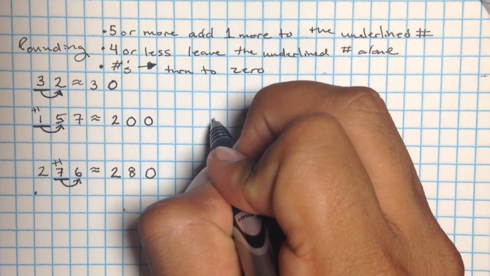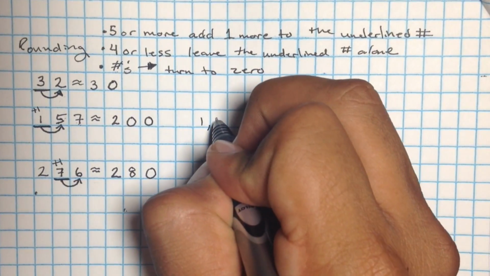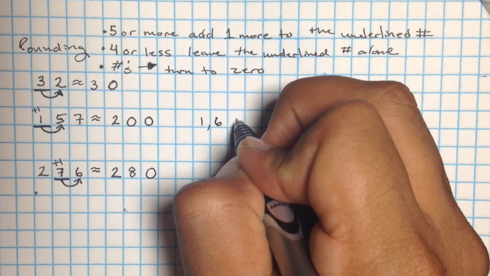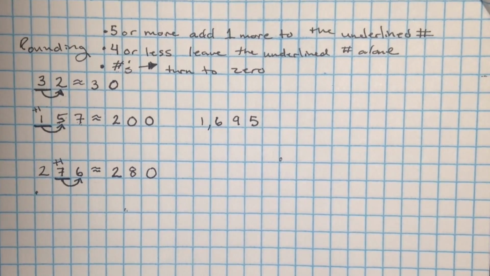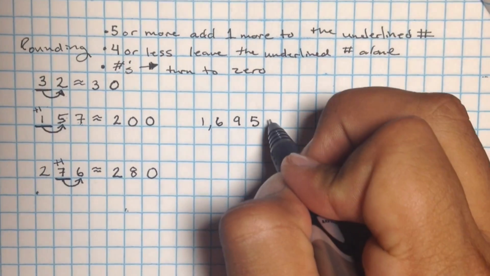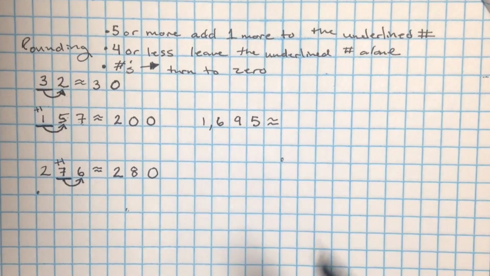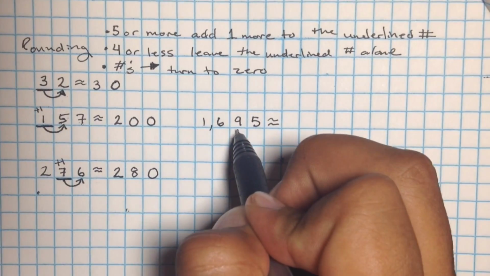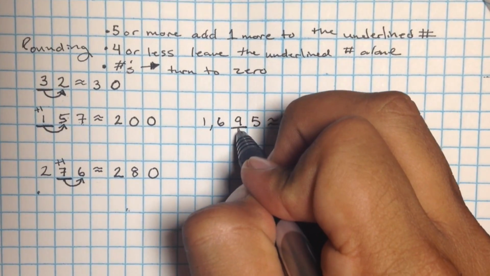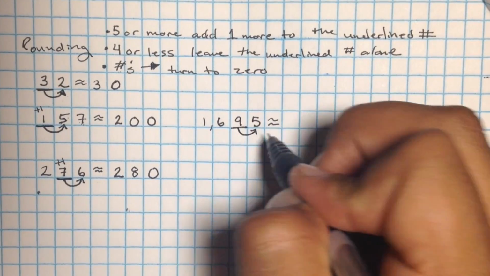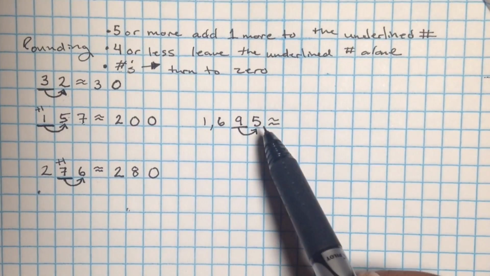I'm going to write here 1,695. Okay, and we're going to round this to the nearest tens place. So I underline the 9, the tens place. I look to the right. Okay, so now I look here.